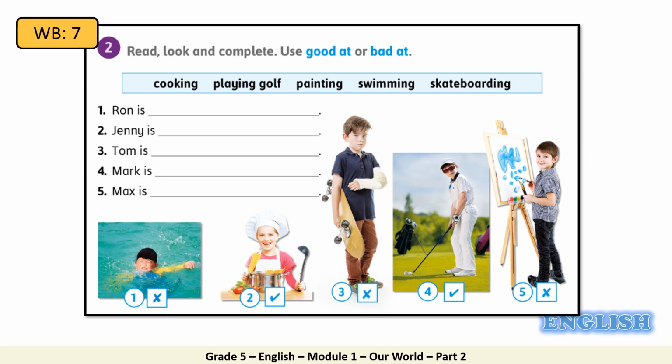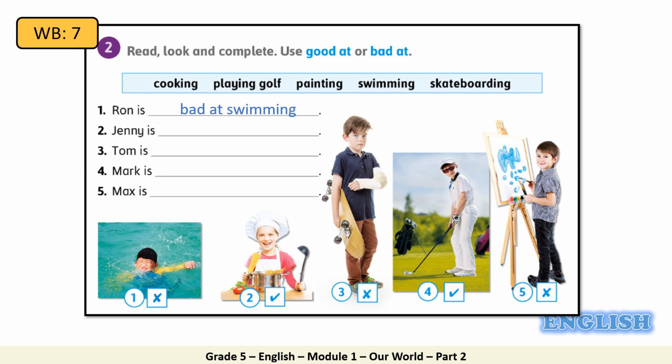Now look at the sign next to the picture. Is he good at swimming or bad at swimming? Yes, he is bad at swimming. Now let's put the sentence together. Ron is bad at swimming. Very good. Now, pause the video until you finish all the sentences.